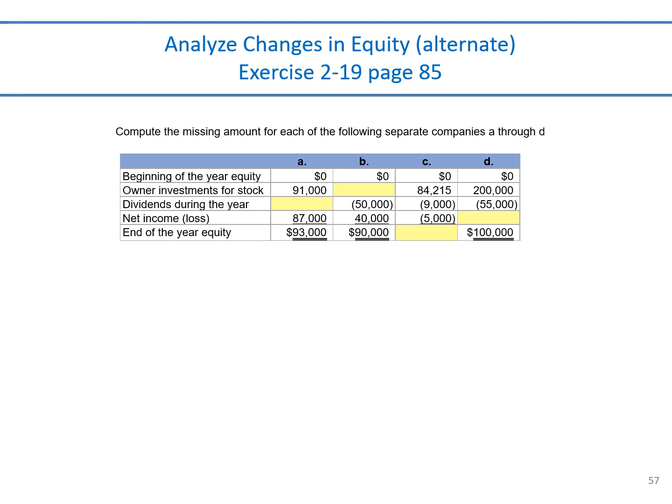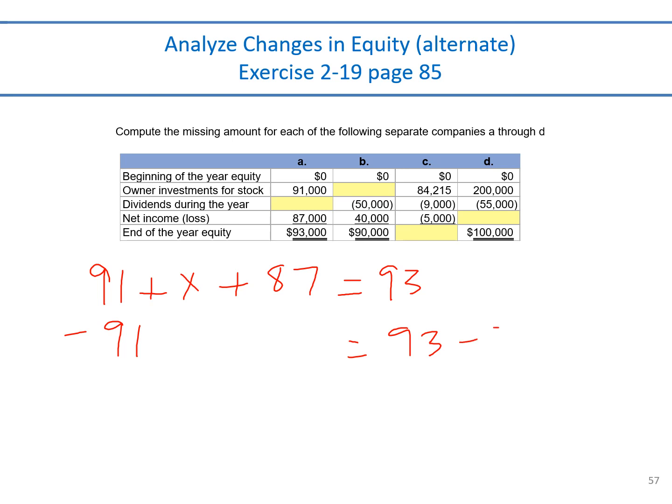Okay, so in part A, we're going to solve for dividends during the year. So we have 91 plus X plus 87 equals 93, right? So we subtract 91 from both sides. 93 minus 91, that makes that 0.